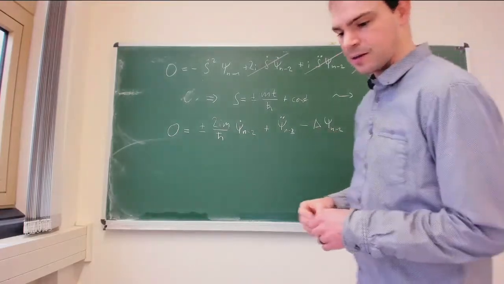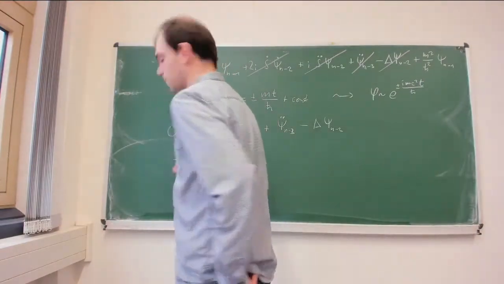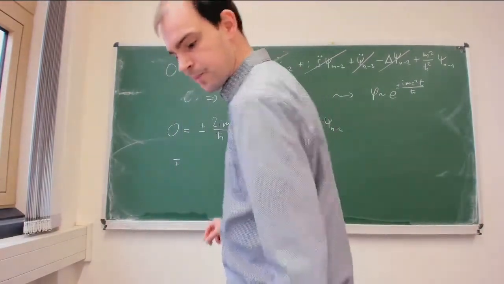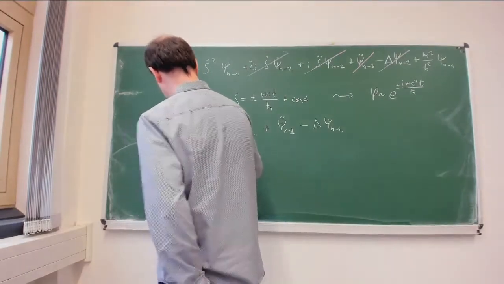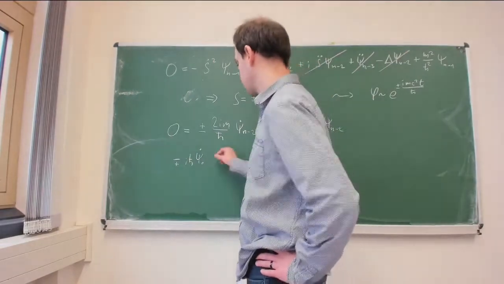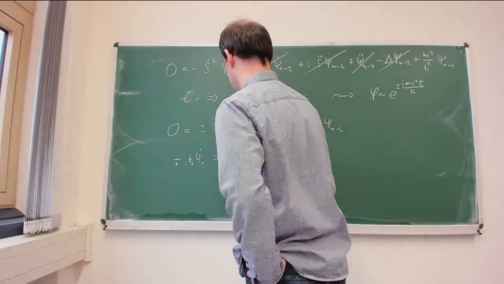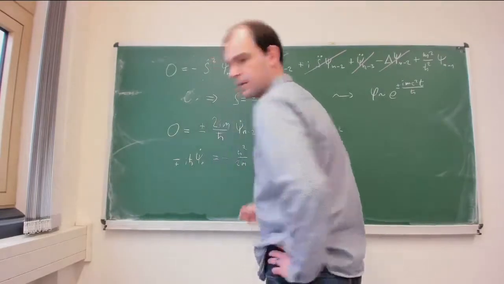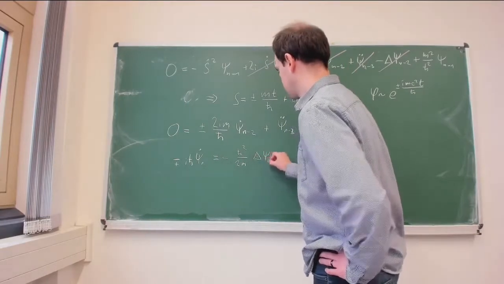So we find exactly the Schrödinger equation, and in fact we find minus plus here. I h bar psi 0 dot, if we write it that way, equals minus h bar squared divided by 2m Laplacian psi 0.